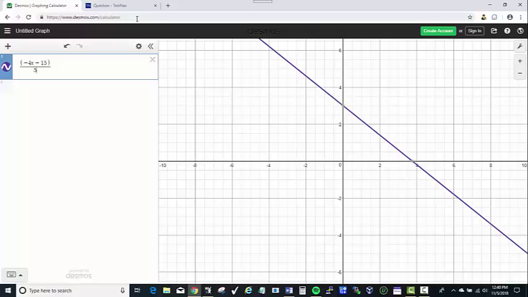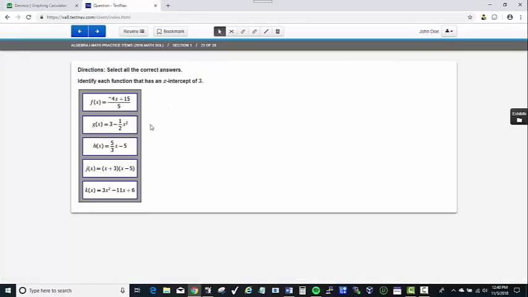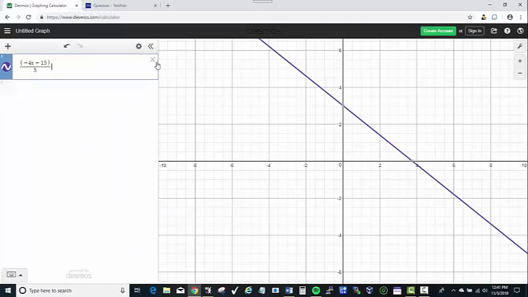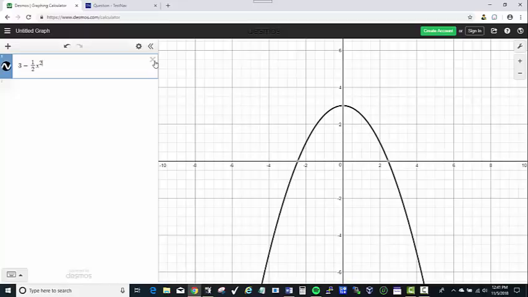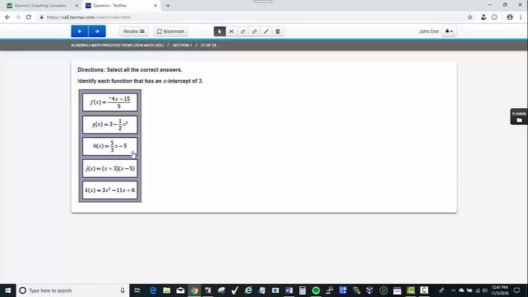So that's not it. This one says 3 minus 1/2 x squared. And this has an x-intercept of 2.449 and negative 2.449. So that ain't it.